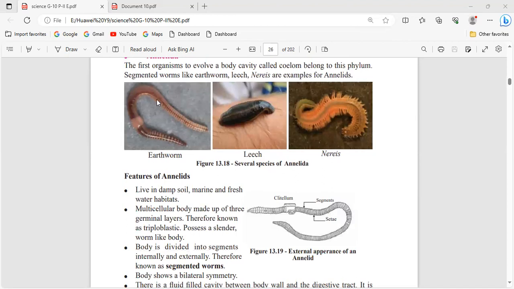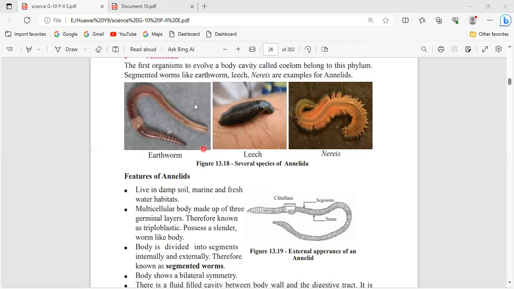Cnidaria are diploblastic, where they have 2 germ layers, and Annelids are triploblastic, where they have 3 germ layers. Is that clear, everyone?